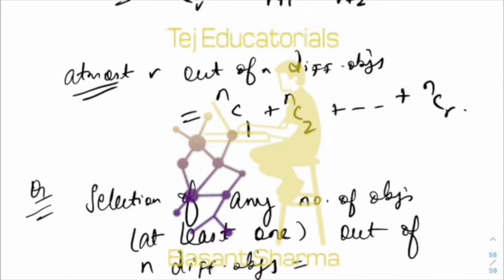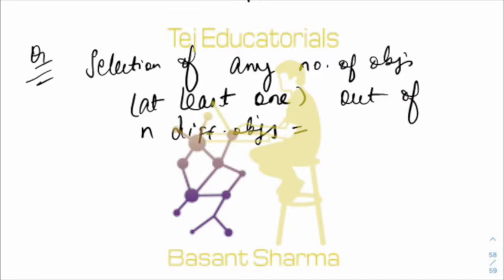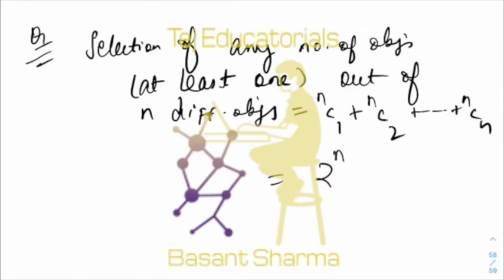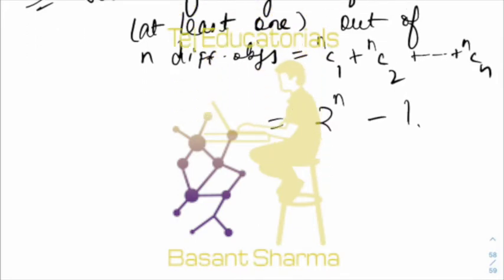Now what would that be? How many cases would there be? One case would be you select exactly one object, that is nC1, or you could select exactly two objects, that is nC2, and so on till nCn. Now if you have studied a little bit of binomial, you would recognize this as 2 to the power n minus 1. If you haven't, then it's okay.